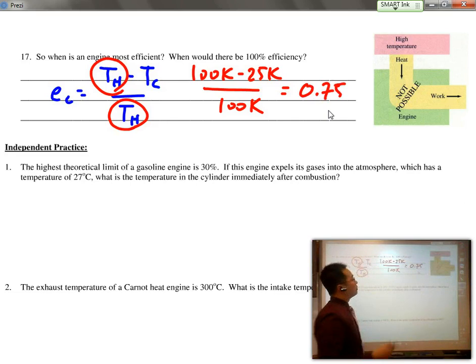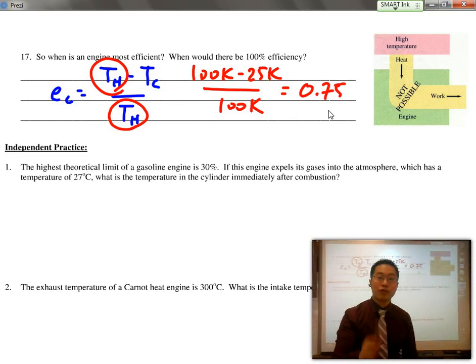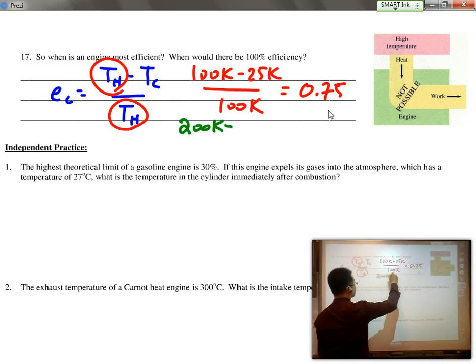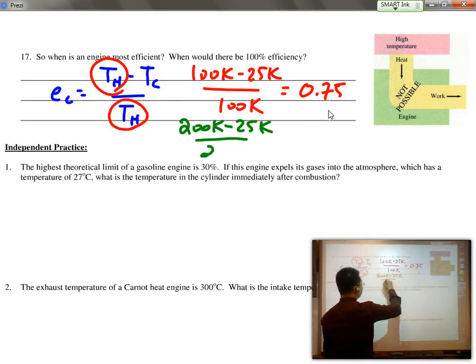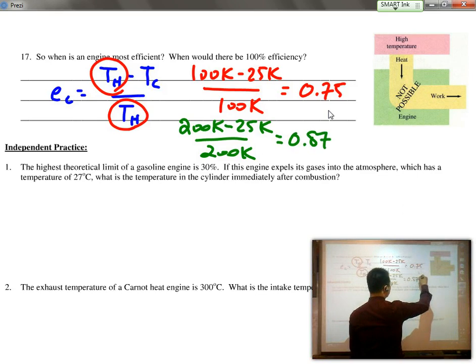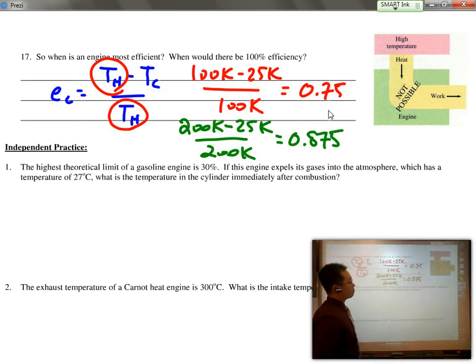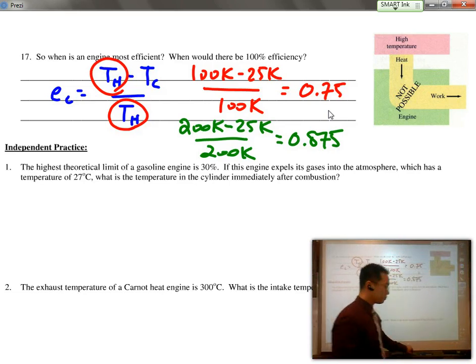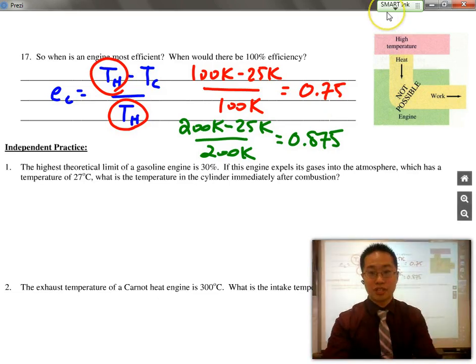But let's say we were able to increase the input temperature, rather than 100, let's say it was 200 Kelvin. Minus 25 Kelvin divided by 200 Kelvin. Now, if you work this out again, you end up with 87.5% efficiency, meaning that the higher the initial temperature, the more efficient the engine is, and the more work you'll get done.